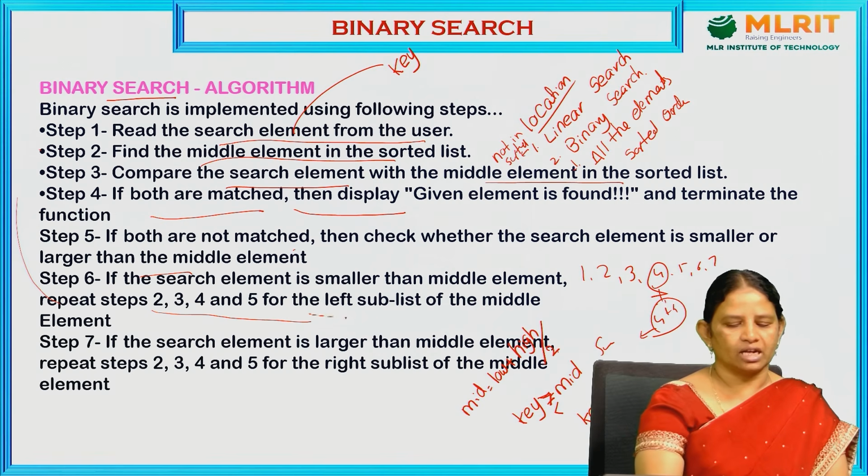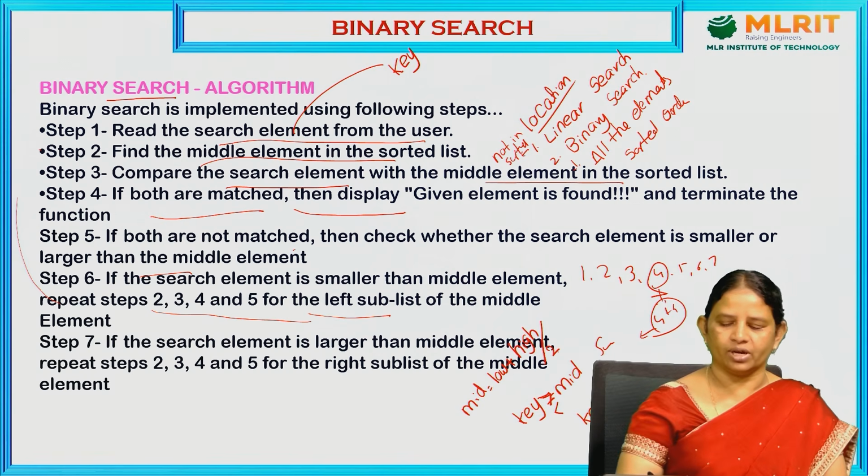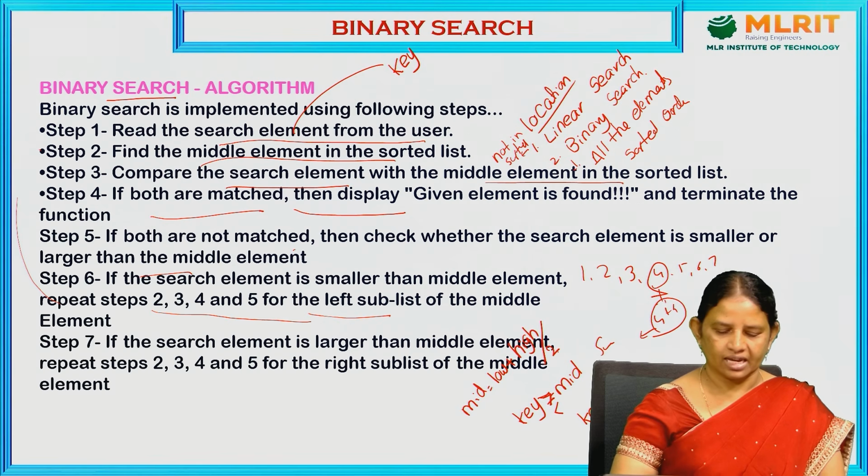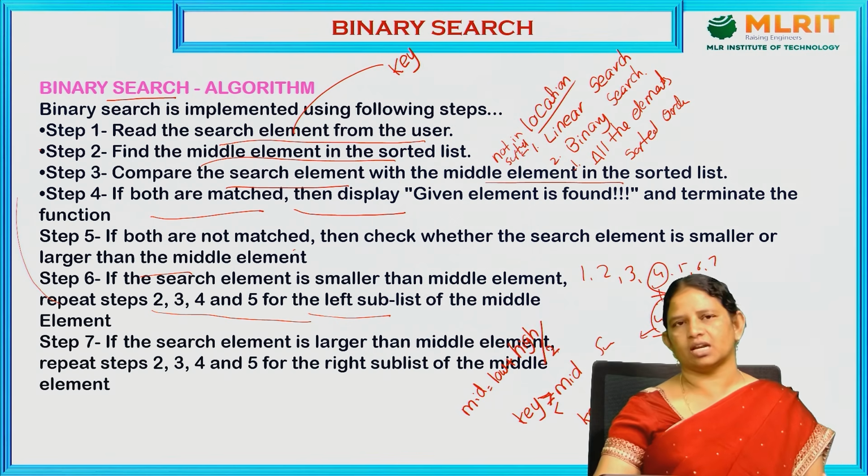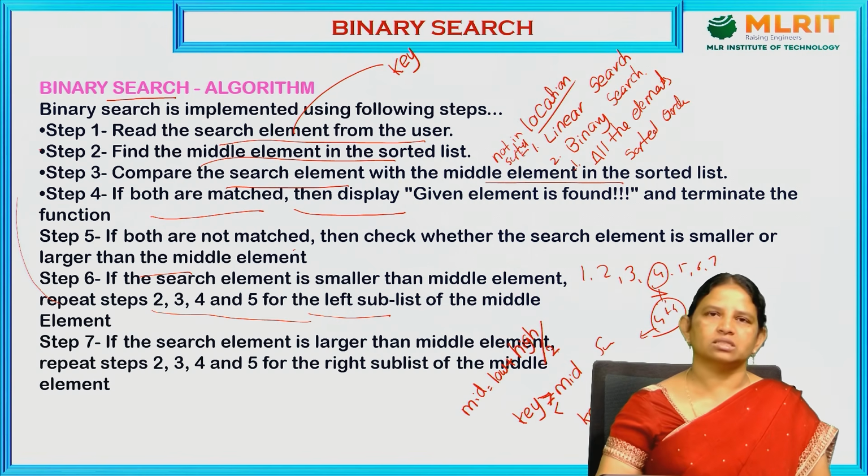For key less than mid, you have to concentrate on the left sublist. If the key element is greater than mid, then we have to go for the right sublist. No need to compare each and every element. Depending upon the mid element, you do the searching process.